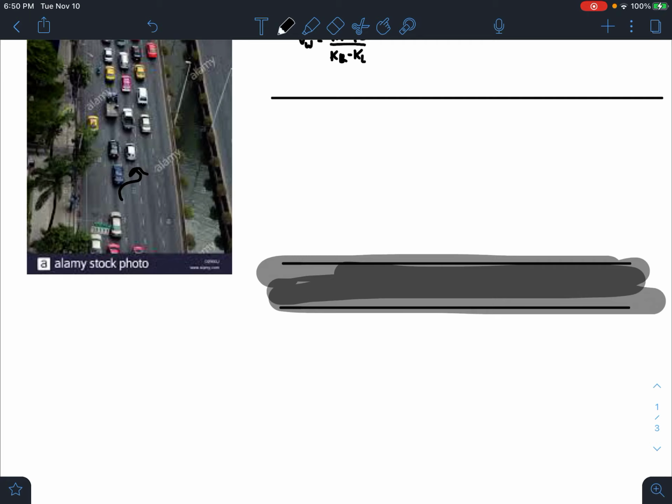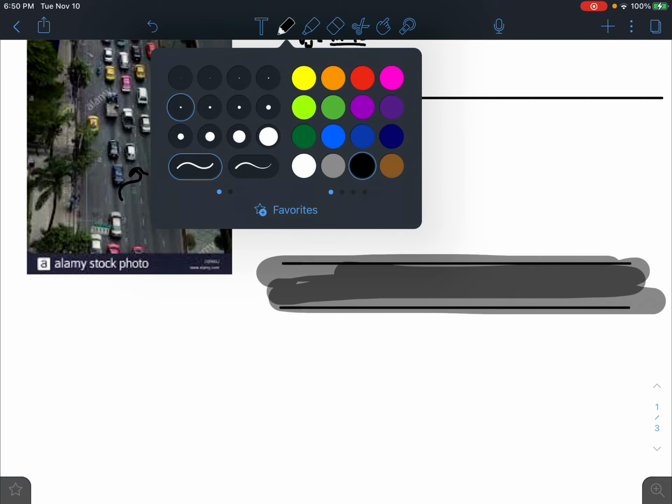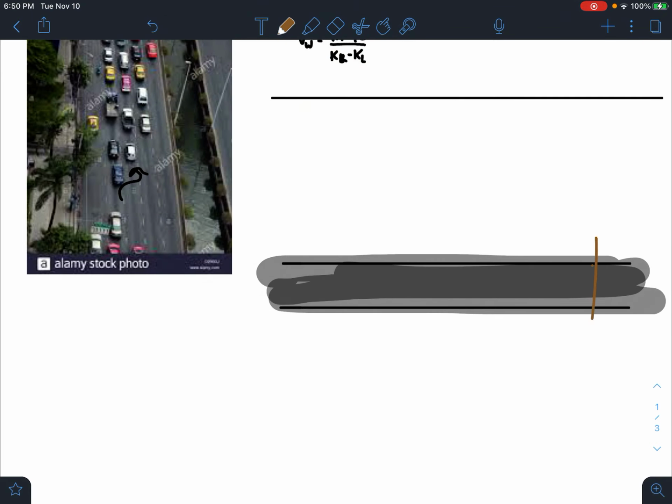And we have a tree. Let's say the tree has fallen on the road. We want to figure out the time it takes before the traffic starts, from when the cars keep coming in.